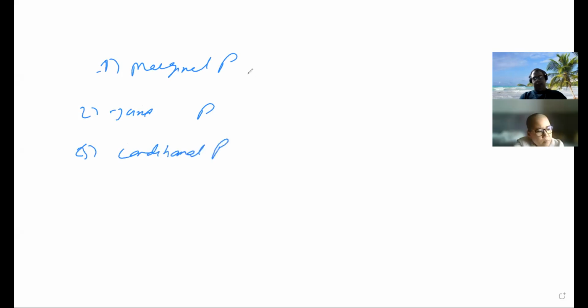Marginal, joint, and conditional. Suppose there is some event E and you find the probability of that thing. Simply finding the probability of an event is a marginal probability.